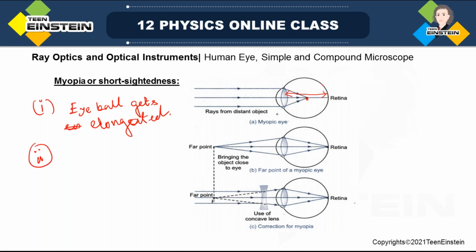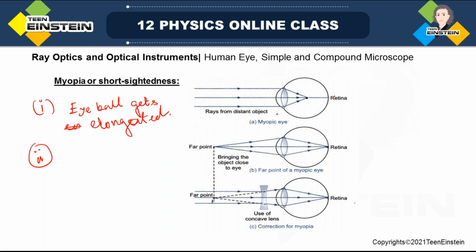The inner wall of the retina has light-sensitive cells and nerves which carry the light signal as an electrical signal to the brain, and that's how the brain analyzes the image formed there. Generally the lens gives a real inverted image, but the brain makes it an erect image.